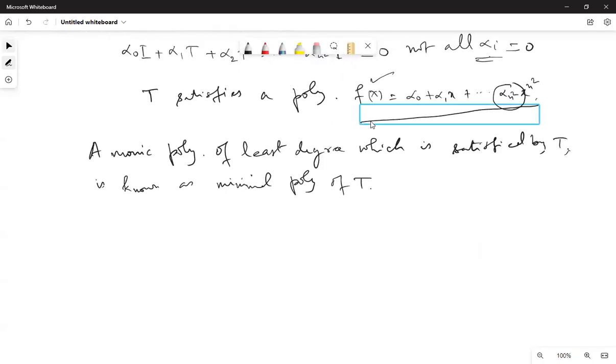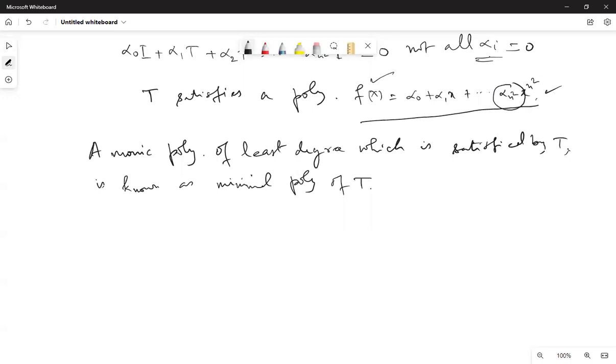Now, this part gives no guarantee for the degree of the minimal polynomial. So far, we have that the degree of the minimal polynomial is less than or equal to n square. All right. We shall be working on that.